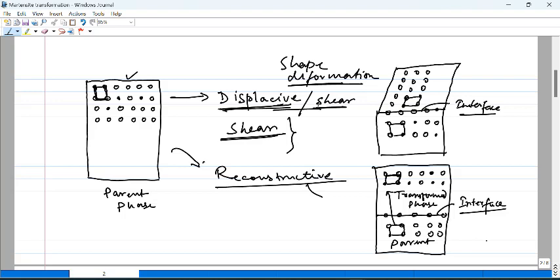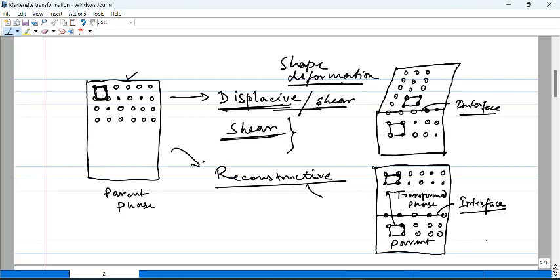Okay. Now you could see something very interesting here as to what is the difference between this reconstructive and the displacive mechanism. Just to understand what is the role of this diffusion, or what is the implication if diffusion does not occur, or if it is occurring at a temperature where the diffusion is very limited, not conceivable. Okay.